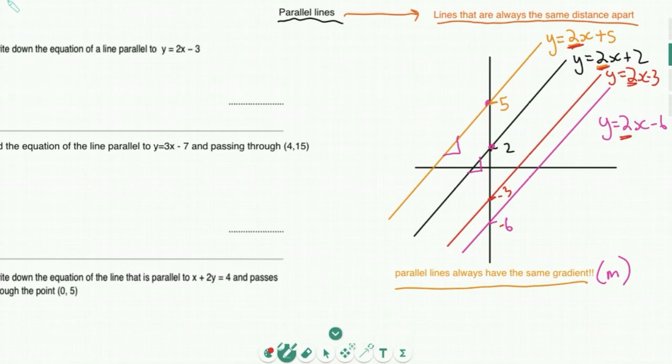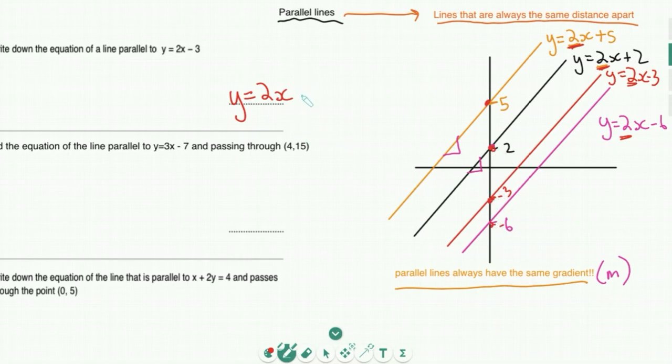So let's look at these problems. Write down the equation of a line parallel to 2x minus 3. So we have to find a line which is parallel to this line. Well, let's think back to our fact. Parallel lines always have the same gradient. So for sure, we know it's going to be y equals 2x. And then the y-intercept doesn't even matter because we had plus 5, plus 2, minus 3, minus 6.